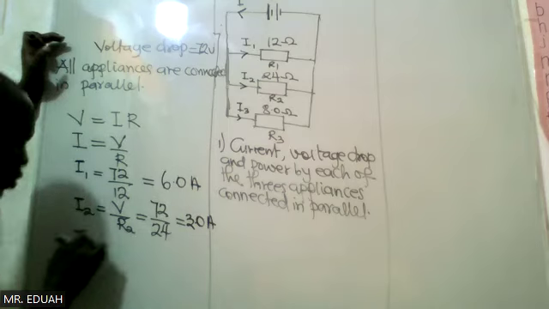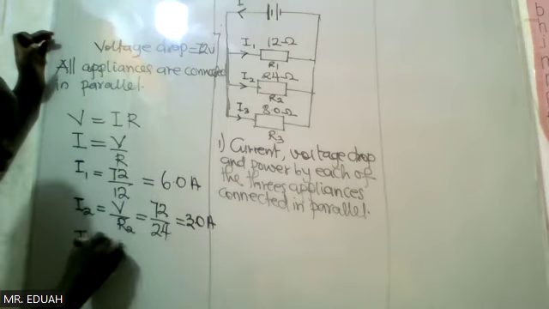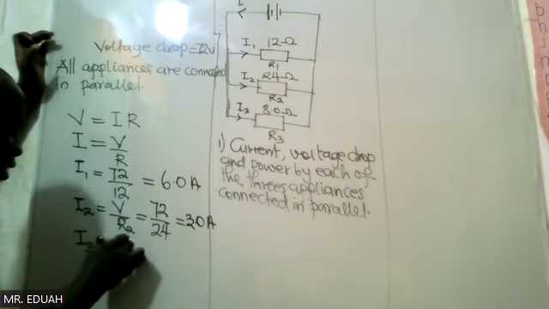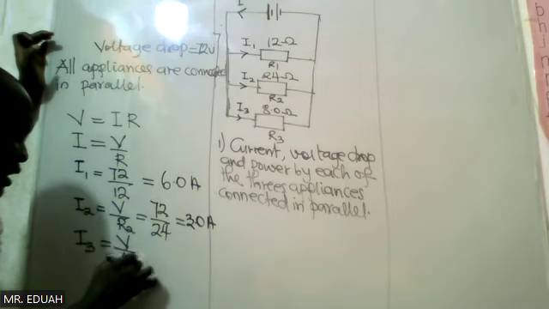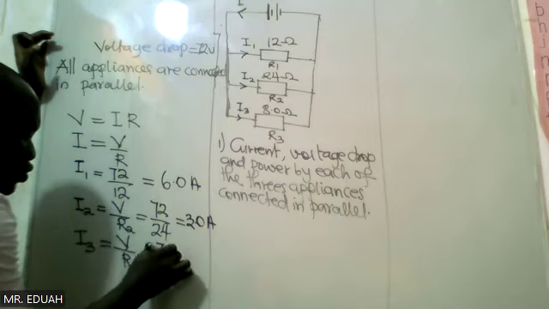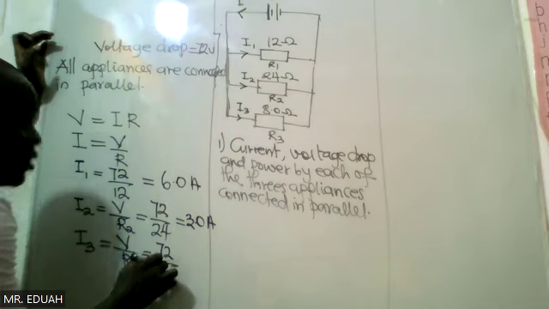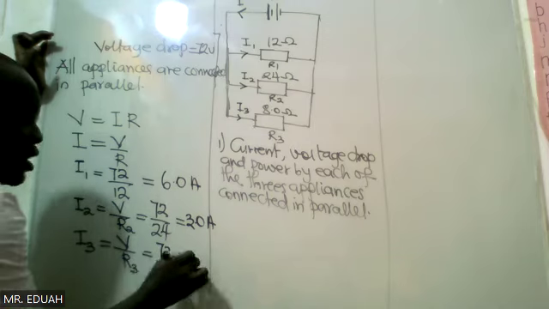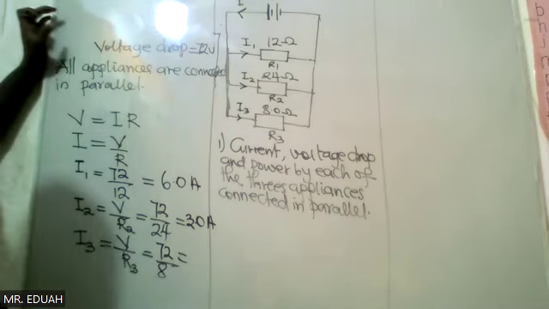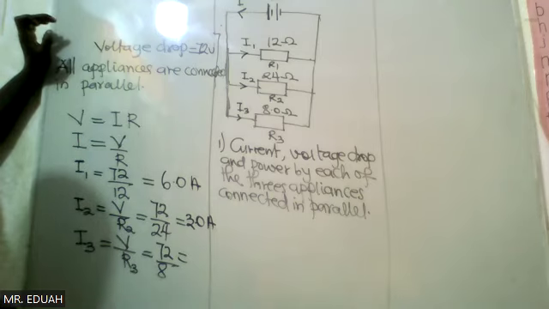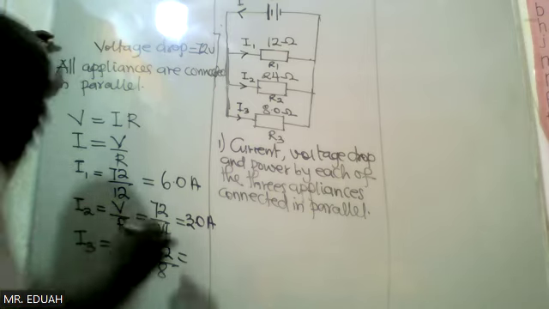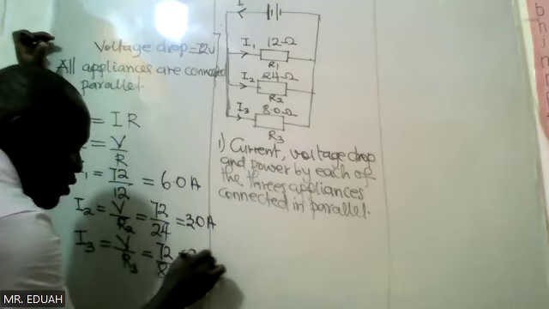I3 would also be V over R3, and this is 72 over 8. What is 72 divided by 8? 9 ampere. So this is 9.0 ampere.